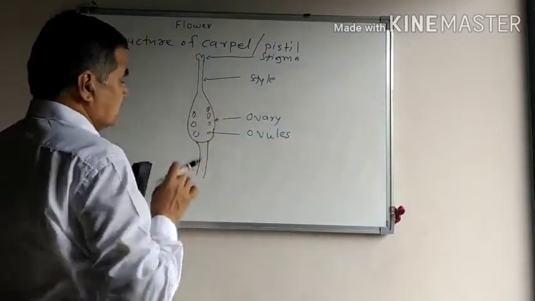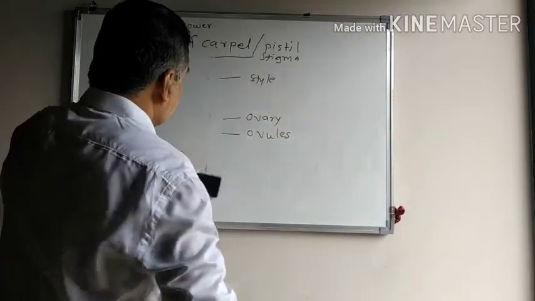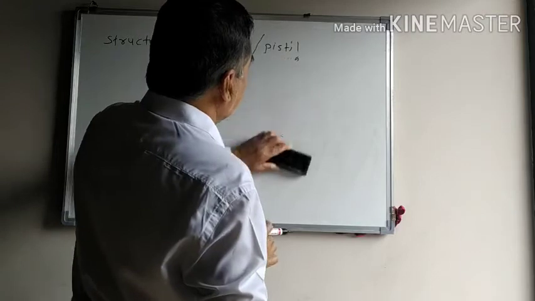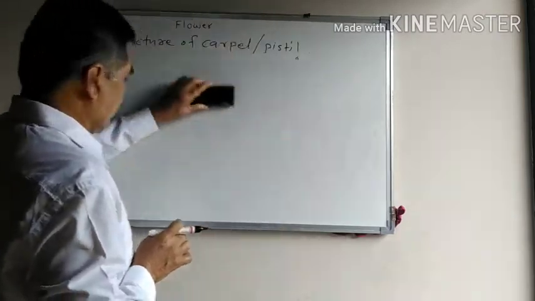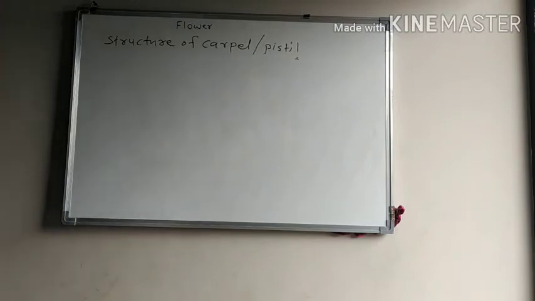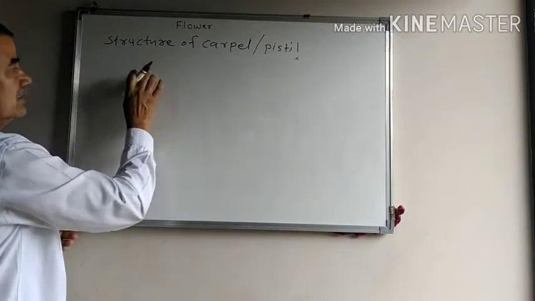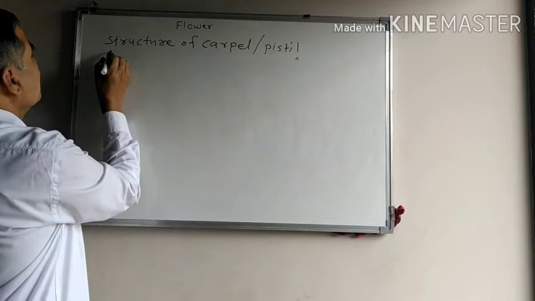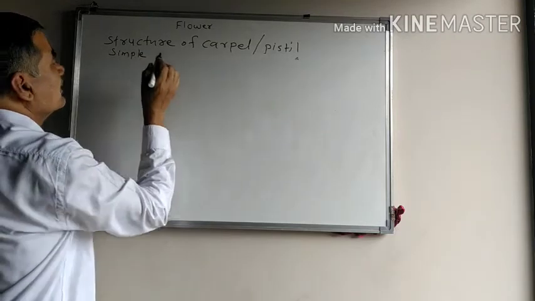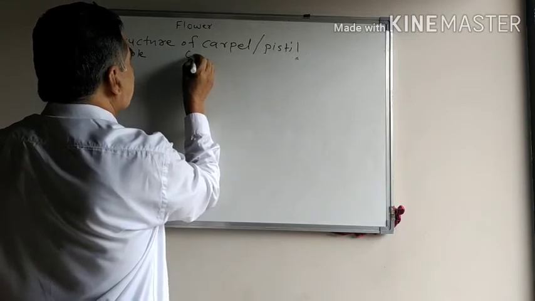The ovary is made of the carpels. The carpels are one to many in number. Depending upon the carpels, it is characterized into two main groups. One is simple and another is compound.